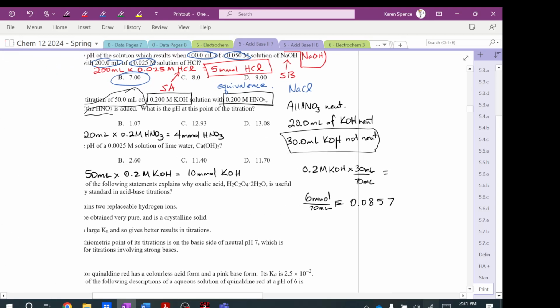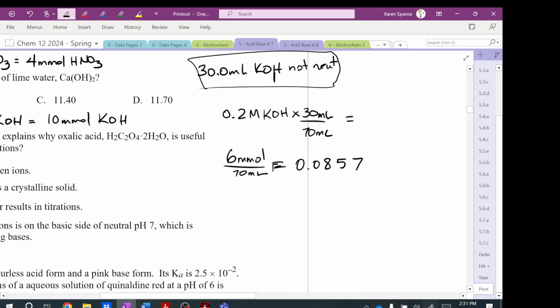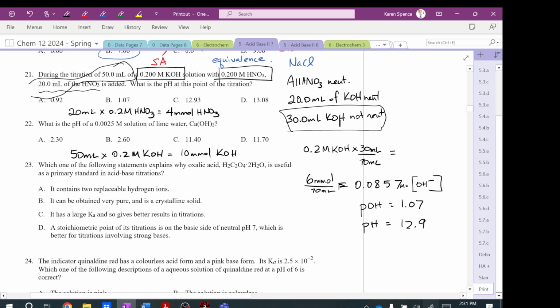Did it want pH? Yeah, pH. Okay, so that was the concentration of OH. And so the pOH is 1.07, and the pH is 12.93.